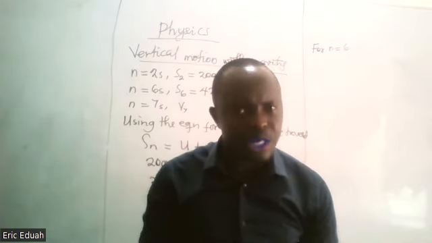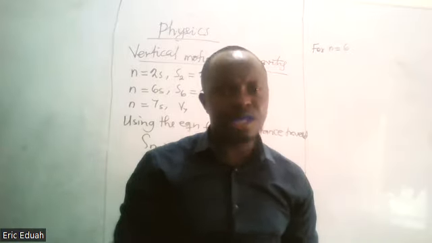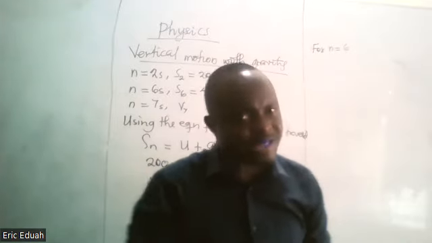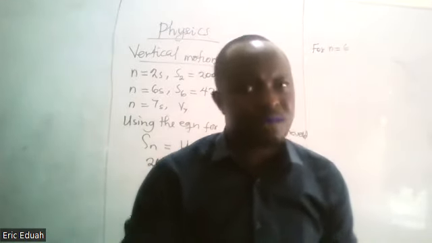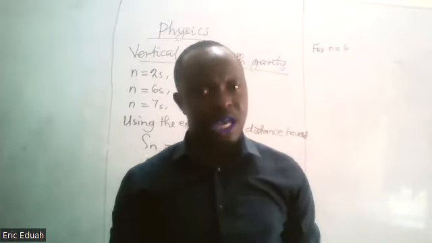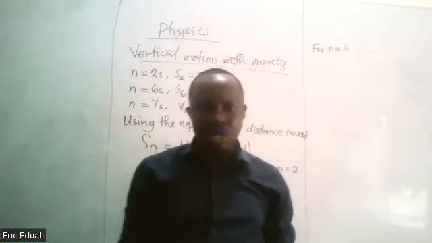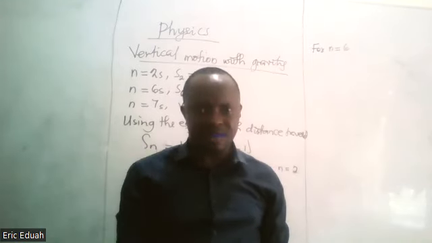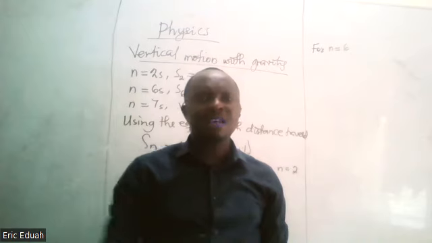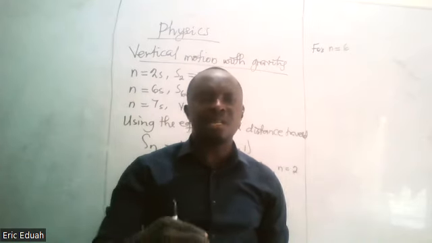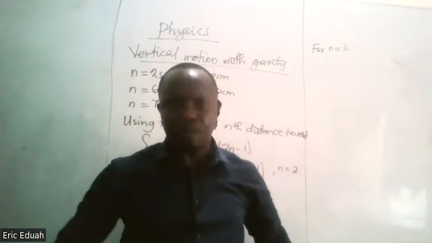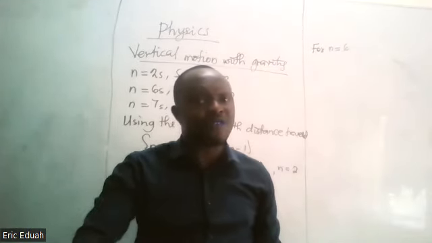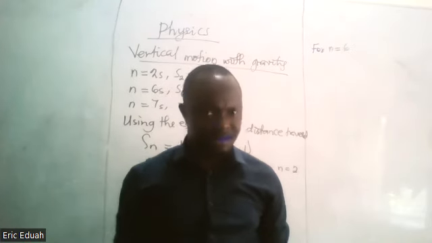So if I'm moving with equal speed within equal time intervals, then I'm covering equal distances within equal time intervals. Please, are you okay? Yes, please. And so once the time interval is uniform or constant, I can determine the distance I cover at every time t.